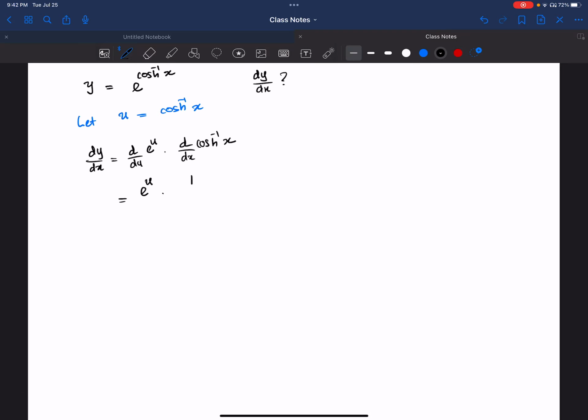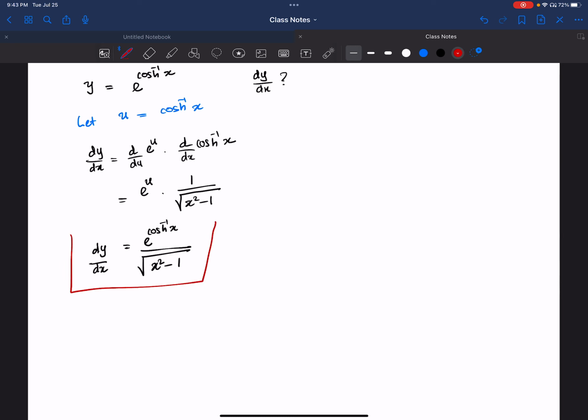So e to the power u is e to the power cos inverse x, over square root of x squared minus 1. This is dy over dx. So that's our answer.